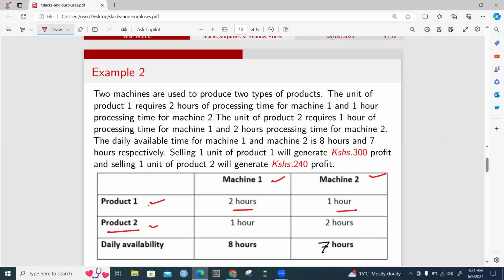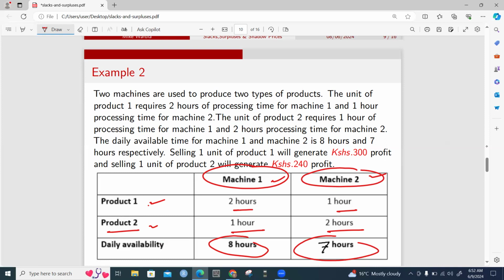A unit of product two requires 1 hour processing time in machine one and 2 hours processing time in machine two. On a daily basis, machine one is available for 8 hours only, because that's the maximum, and machine two is available for 7 hours only.